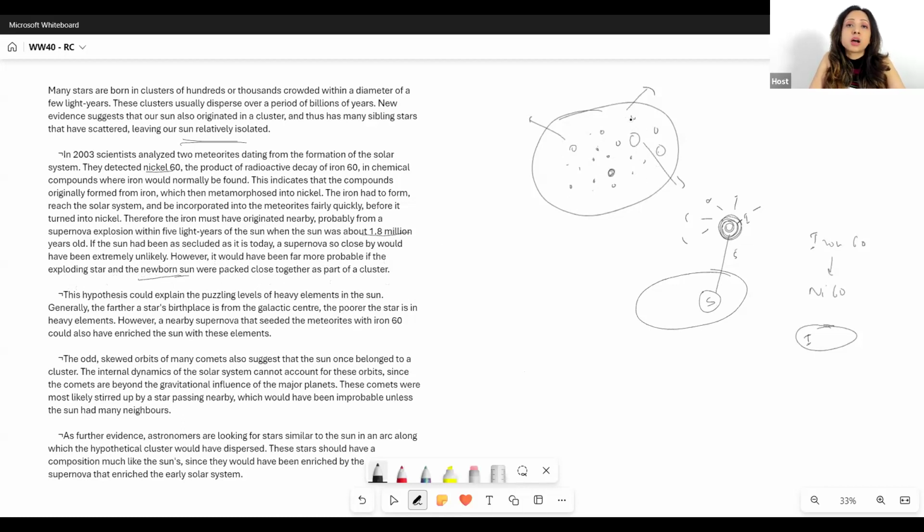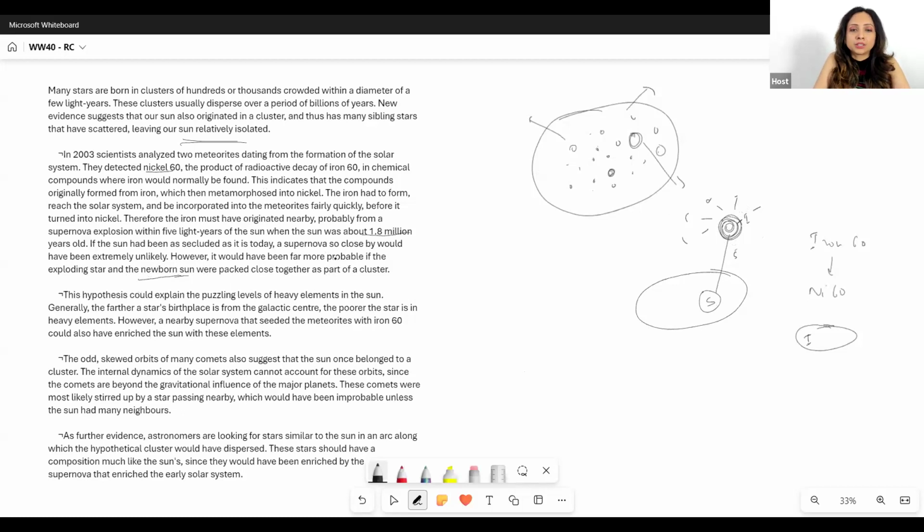If there are a lot of stars around it, then one star exploding into a supernova has a much better probability than if there are almost no stars around, barely one or two, and one of them explodes and becomes a supernova. The probability of that happening is very, very small, right? So that is why they are saying that perhaps at that time the sun was in a cluster. These stars had not dispersed; they were close together. That improves the probability a whole lot.